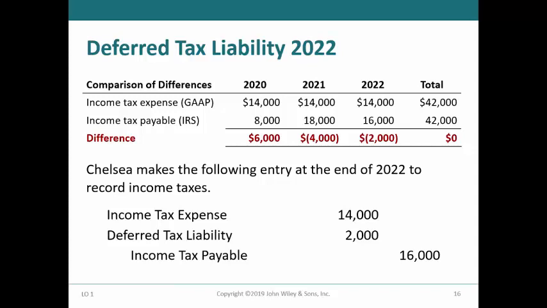It is important to note that there are originating and reversing entries. The original entry to record the deferred tax liability occurred in 2020 when we credited the deferred tax liability for $6,000. The reversing entries were recorded in 2021 and 2022 when we debited the deferred tax liability for $4,000 and $2,000.